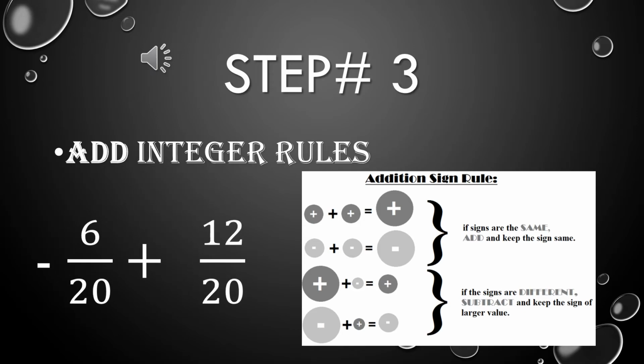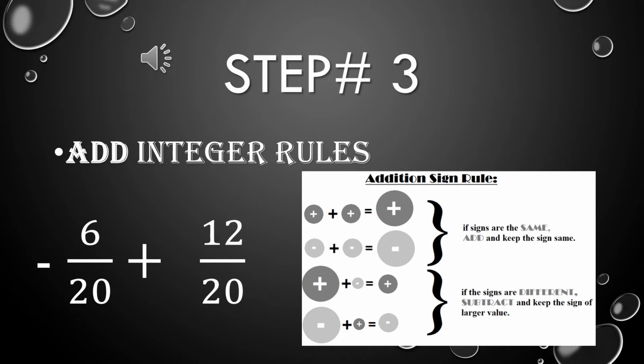After we did the fraction procedure of changing your denominators the same with LCD and the equivalent fraction procedure of changing your numerators, we need to apply the integer rules. In this example, we have a negative fraction and a positive fraction.